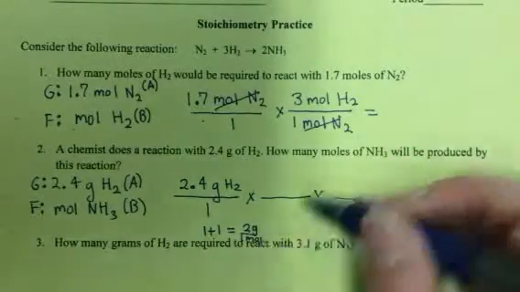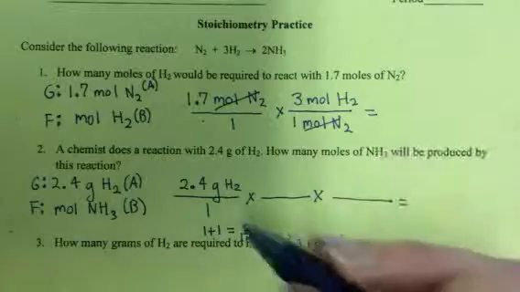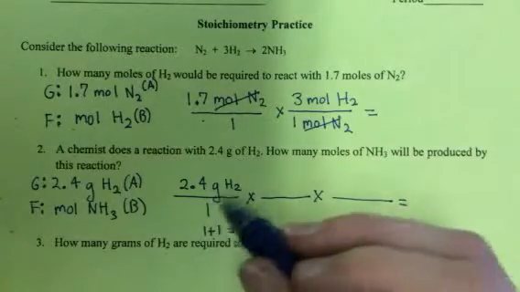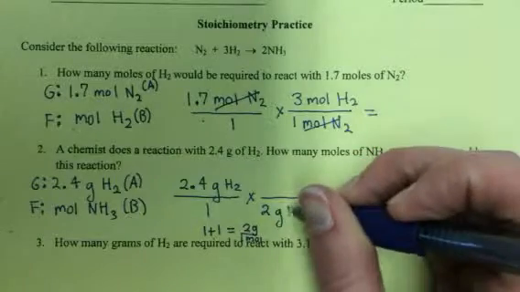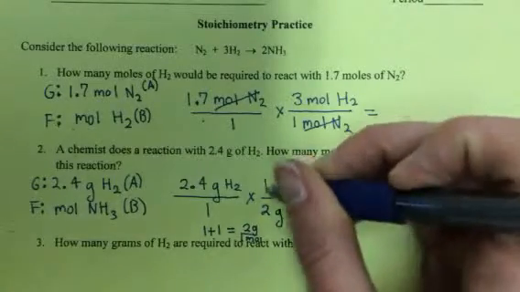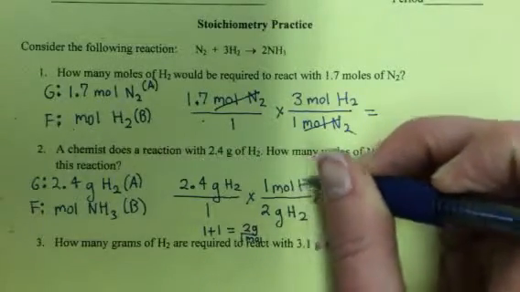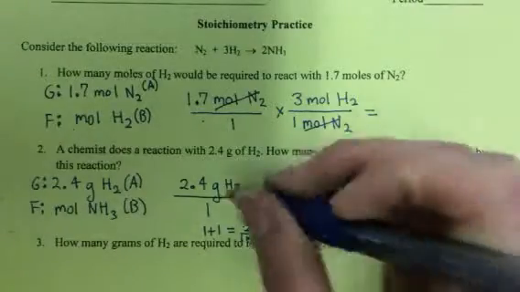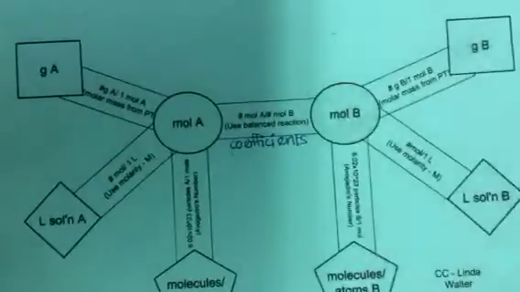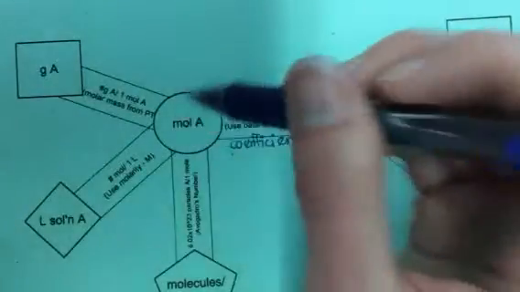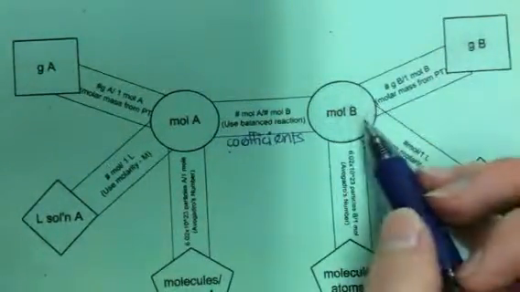Do I leave it this way or do I flip it over? Remember, my goal is always to cancel out units. So I should flip it over because that will cancel out my grams of H2. So I have just arrived at the moles of A circle. So I'm here. Now I just need to get here.